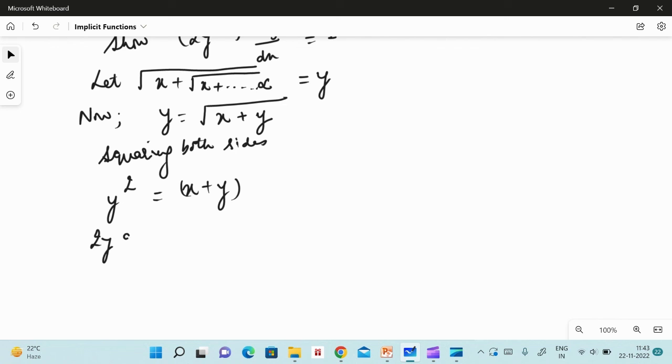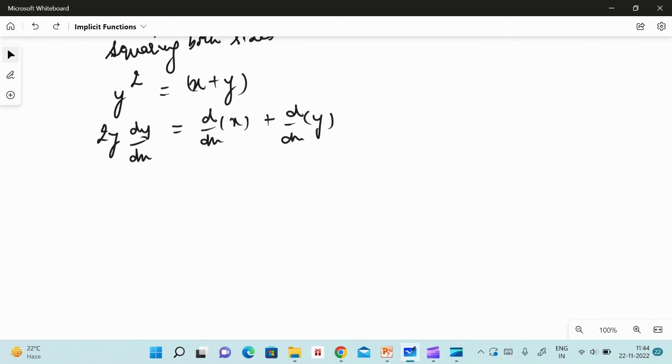So I will get 2y into dy by dx, because I have differentiated with respect to x, that's why I have written dy by dx, and the derivative of x plus the derivative of y with respect to x.